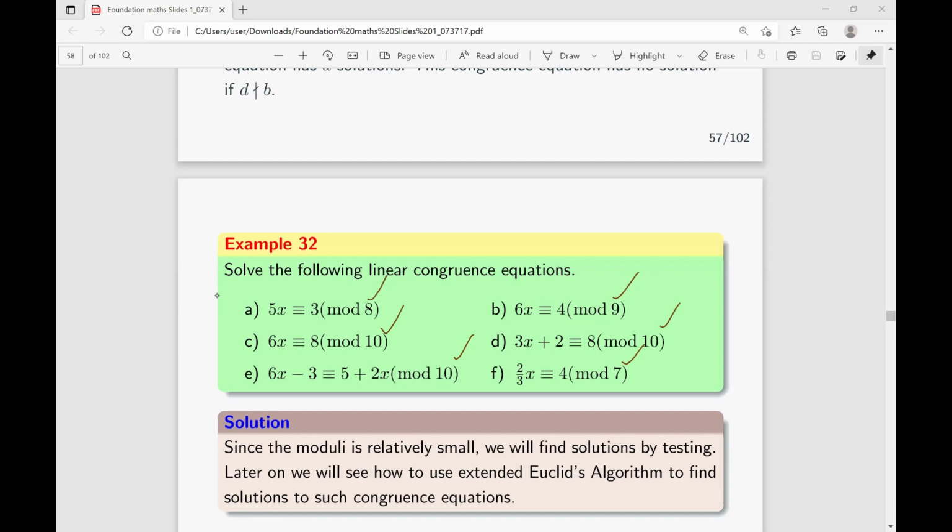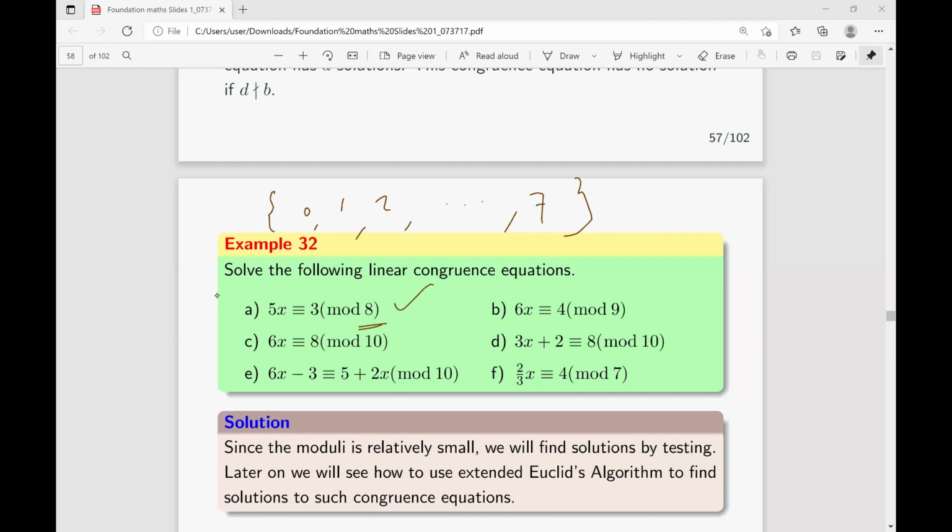When the modulus is small like this, we can do it by trial. We can use trial to find a solution, because we know what mod 8 means. Mod 8 means that we are trying numbers 0, 1, 2, all the way up to 7. One of these numbers is a solution to this equation.